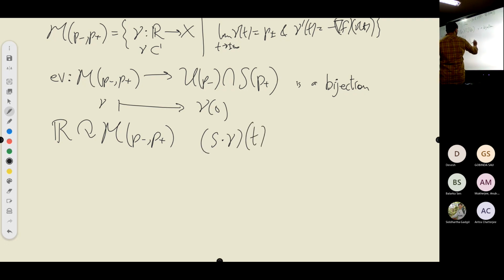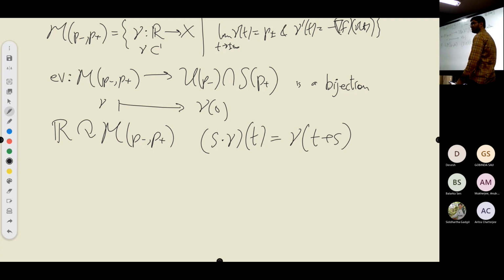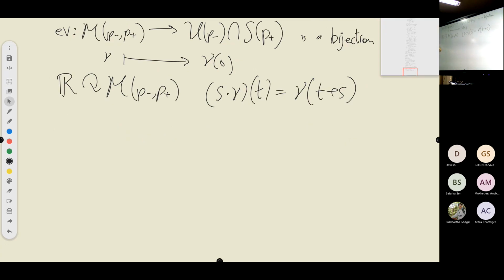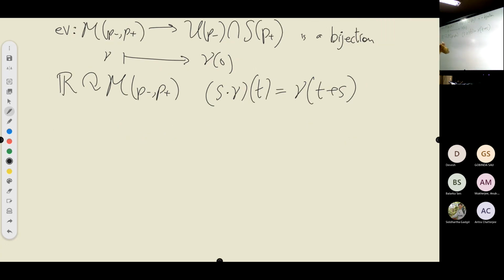So this new trajectory evaluated at T is just gamma of T plus S. So the first thing to notice is that whenever P plus and P minus are not equal, this R action is free. And that's just because your trajectory is not constant anywhere. So that's great. What that tells us is that this is a sensible reformulation.